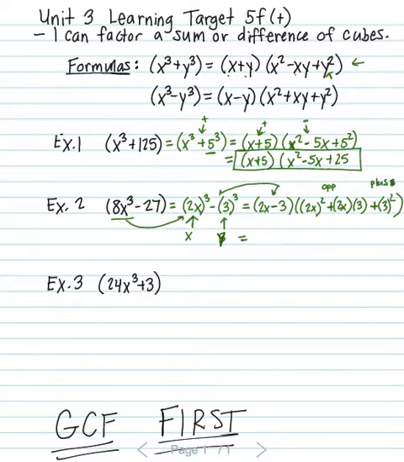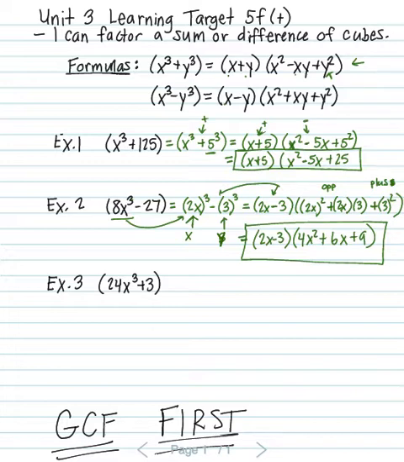Simplify your stuff. 2x minus 3 is just 2x minus 3. 2x squared, we could say 2 squared is 4x squared. 2x times 3 is 6x. Then 3 squared is 9. We are finished.